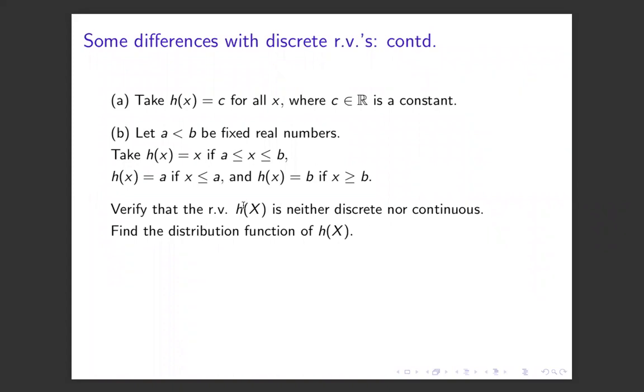So if your random variable x can take values outside that interval [a, b] with positive probability, then it is easily seen that this is neither discrete nor continuous. So assume such a thing and then find the distribution function of h of x. You know that the distribution function will always be defined for any random variable. This is also to brush up these things about the connection between the PDF and the distribution function.